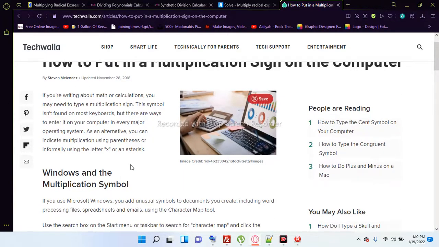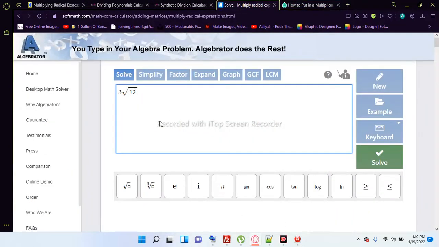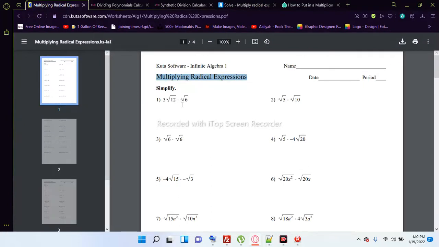Or an asterisk. What's an asterisk? Ah, I know what it is now. So what we do is we go back here. Asterisk. Shift, that right there. There it goes. Shift 12. Okay, where's the math problem? The math problem will be here. Okay, 12, and then we do radical 6.